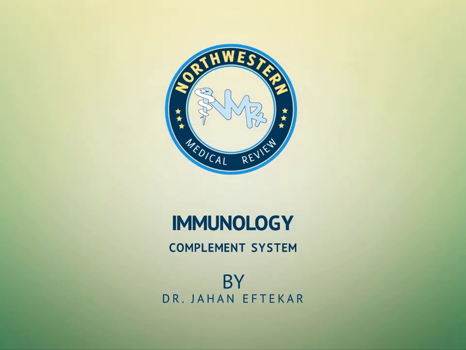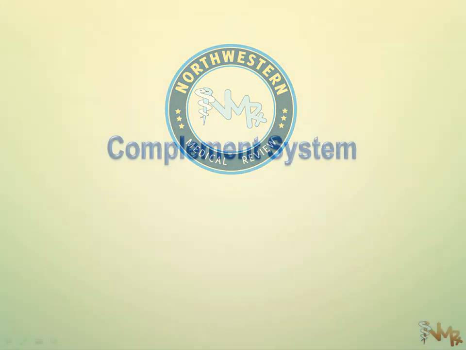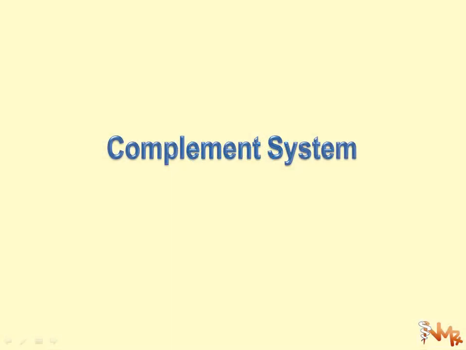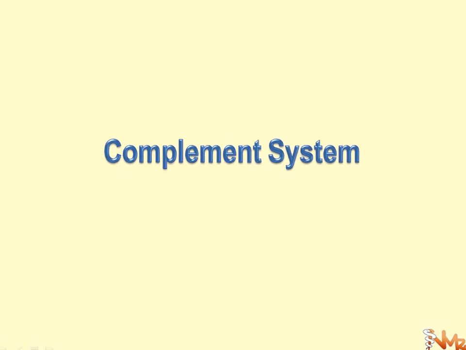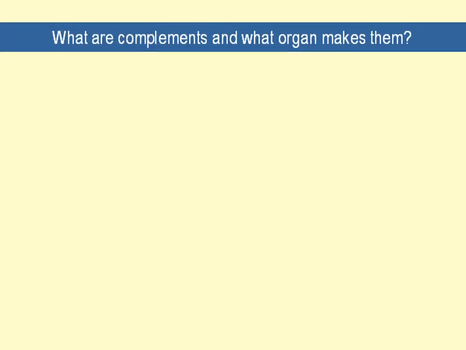It's about time for us to study the complement system and learn the most important issues that are showing up on your exam. The first and foremost questions are, what are the complements and what organ makes them?